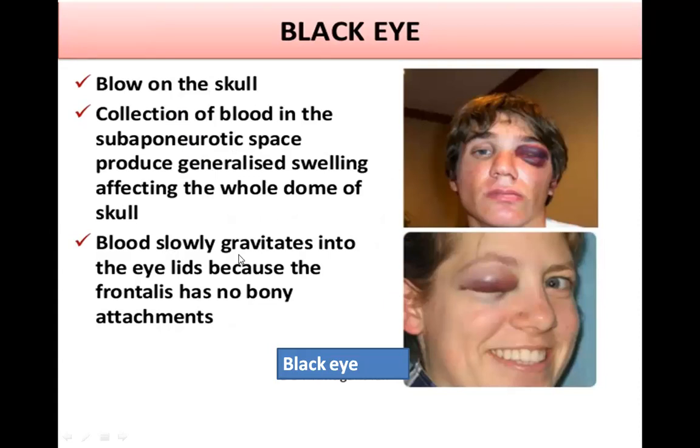Blood slowly gravitates into the eyelids because the frontalis has no bony attachment anteriorly, and therefore this condition is known as black eye.